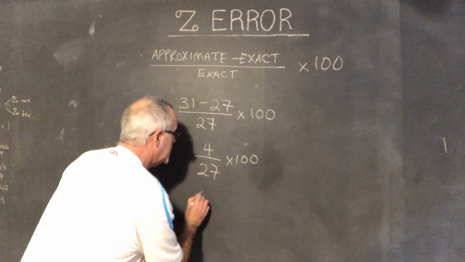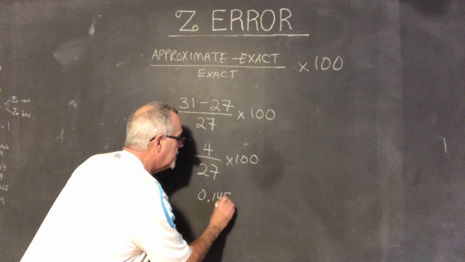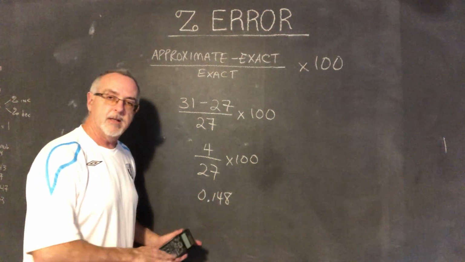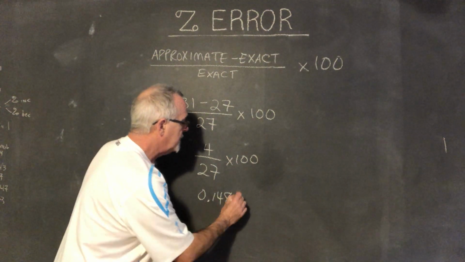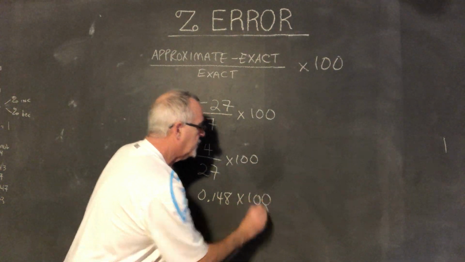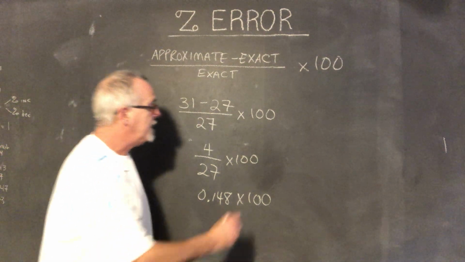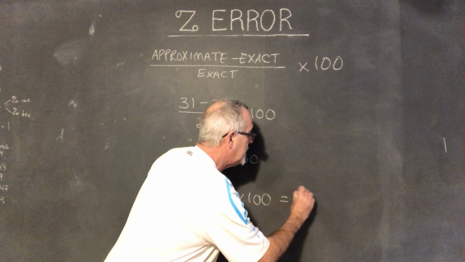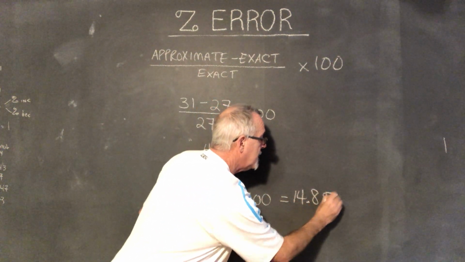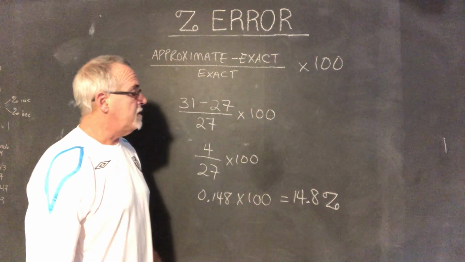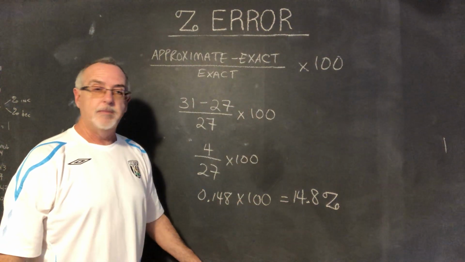So that's giving me 0.148, which repeats, but I think 148 is enough. I've gone to enough decimal places, times 100. And of course, multiplying by 100 is very easy with decimals. We're jumping the decimal 2 places to the right. So our answer is 14.8%. The percent error is 14.8.